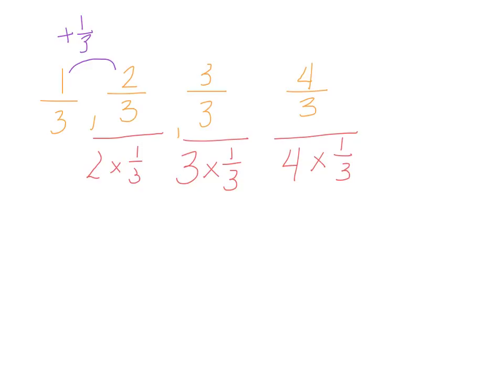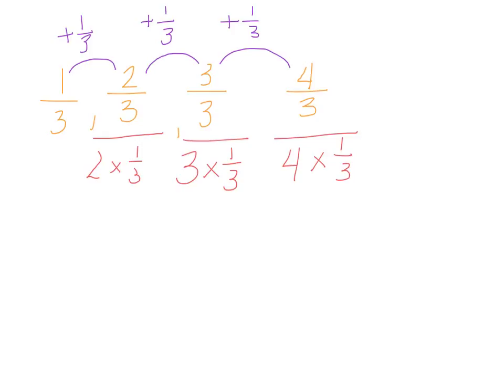To find the third multiple, I would just add another 1/3 to 2/3, and that gives me 3/3. To find the fourth multiple, I'm just going to add another 1/3 to 3/3, and that gives me 4/3.